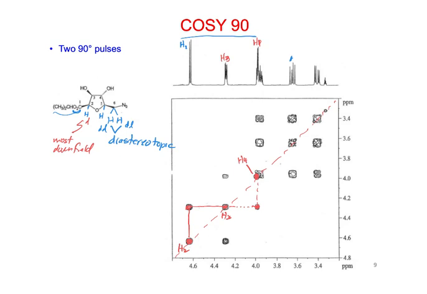Is the size of the dot related to the J coupling? Yes. The larger the J coupling, the wider the peak will be. So the size of that off-diagonal peak is represented by the width of the signal, which is influenced by the amount of coupling.